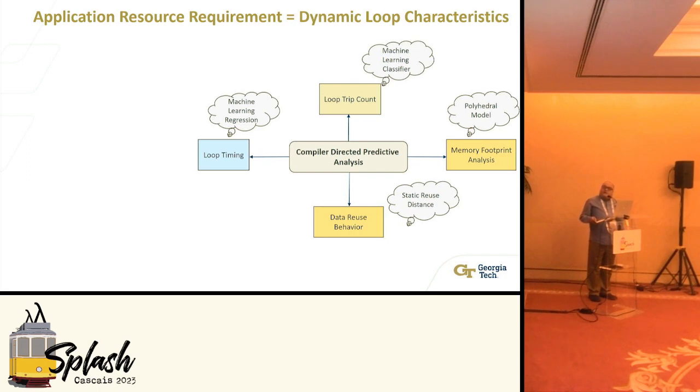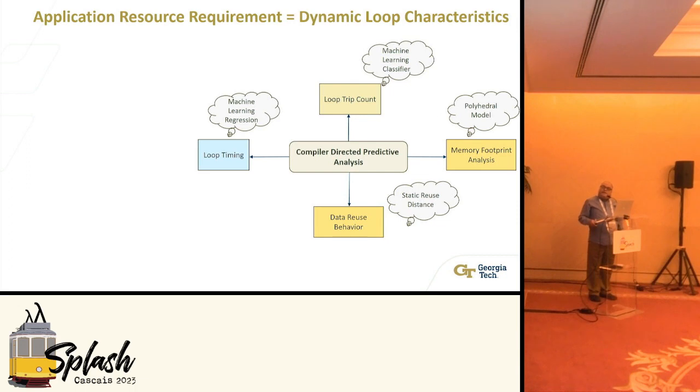So here is the overview of the static analysis. This is what we call a predictive analysis, which instruments these beacons at the entrances of the loop nests. The idea here is to first predict the loop trip count of the forthcoming loop nest. Why is that a hard problem? We'll come to that.